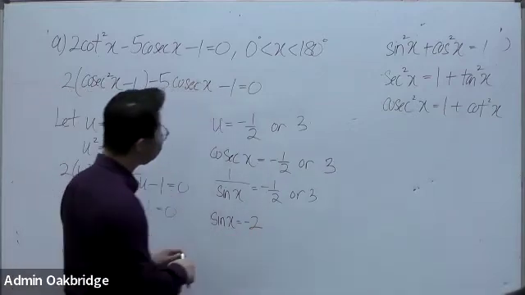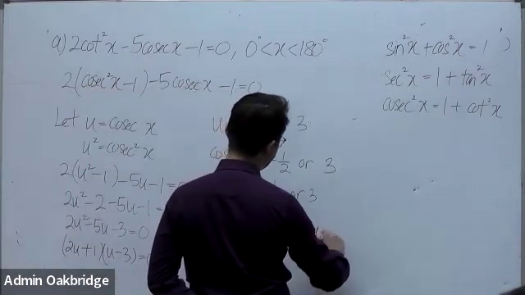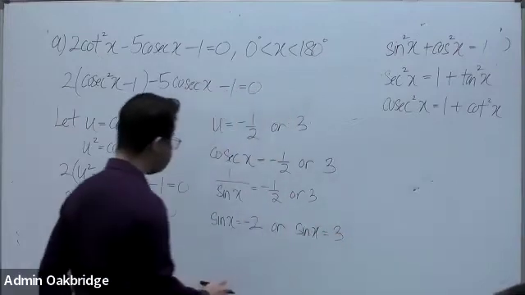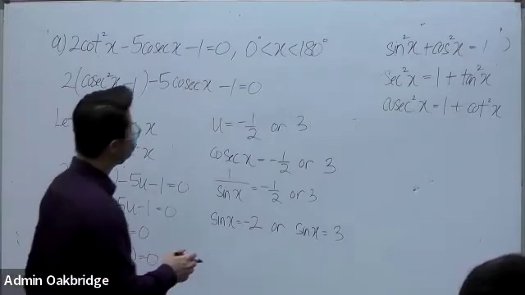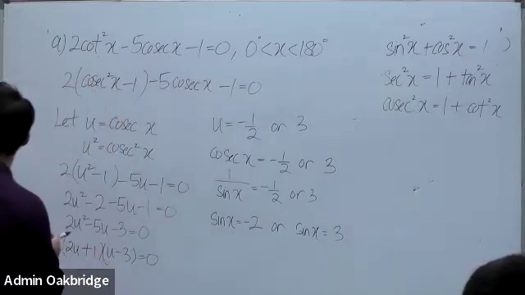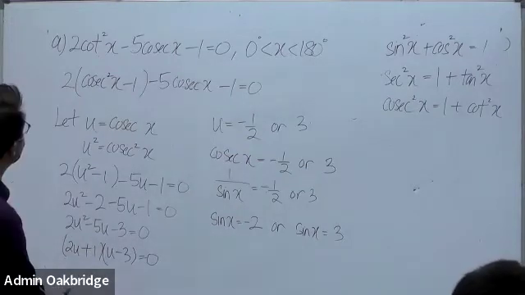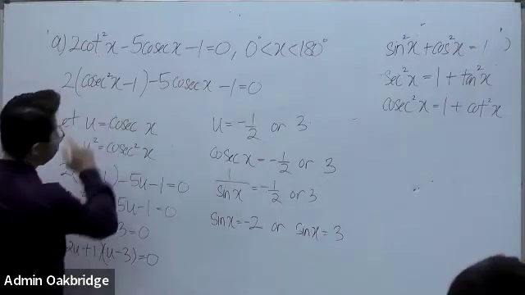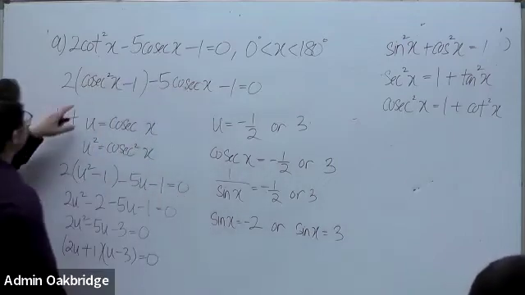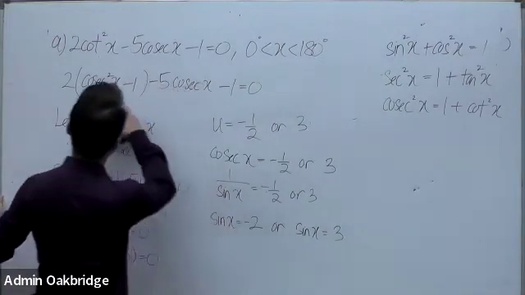There's a problem here. Sine x equals to 3. These two are not possible. I'm not sure where is the mistake here. There's something wrong with the question. Maybe we should do another way around. You try to convert this one first to 1 over sine square, and check whether it can get the answer or not. Okay, let's try from here.